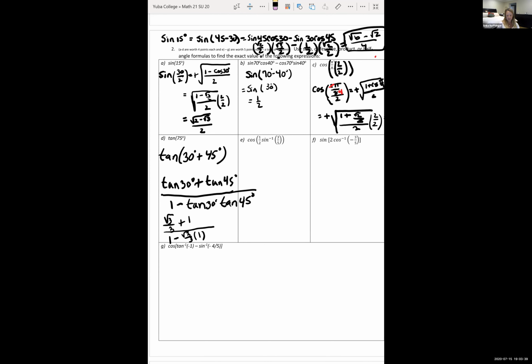You want to clean this up so that it doesn't have a radical in the denominator or a complex fraction. We can look at the fractions within the fractions, see that your denominator is 3, so we can clear that by multiplying by a fancy one of 3 over 3. And so when we distribute that, we get root 3 plus 3 all over 3 minus root 3.